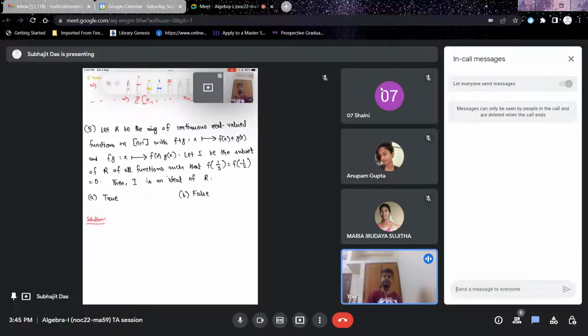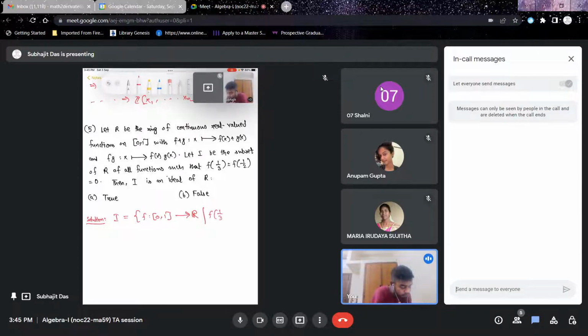So certainly we understand that this is a very good ring. And now we are taking a subset I of R, which consists of all functions f from [0,1] into R, that is, all mappings of [0,1] into R such that, so what should a mapping satisfy?